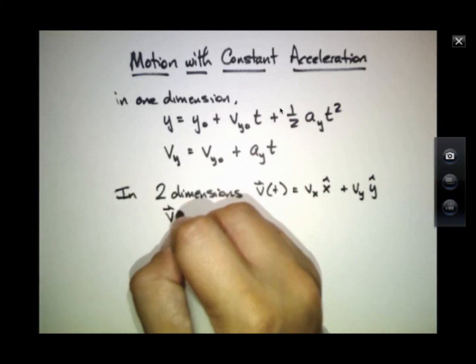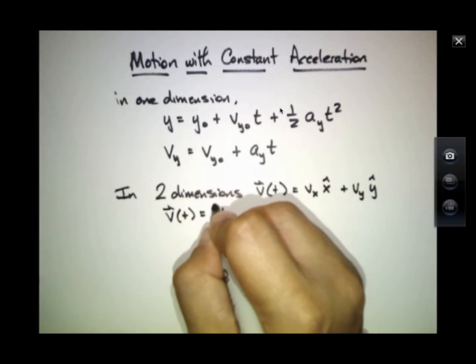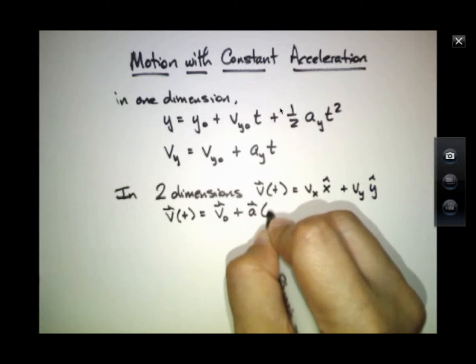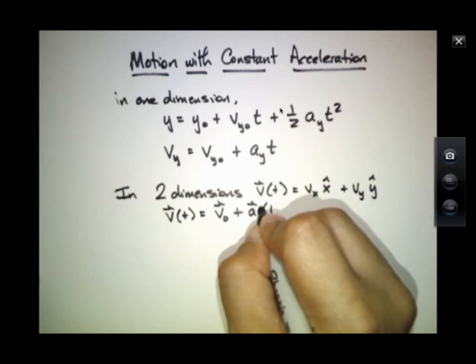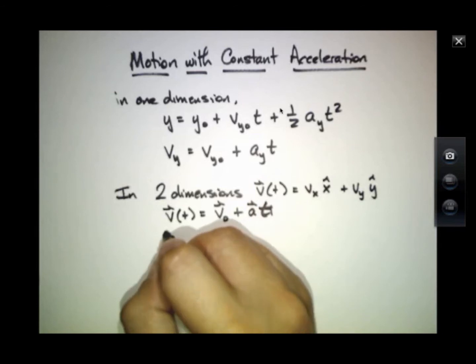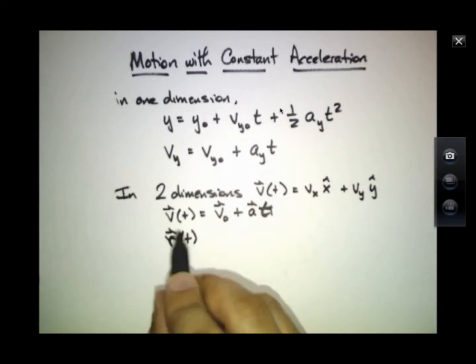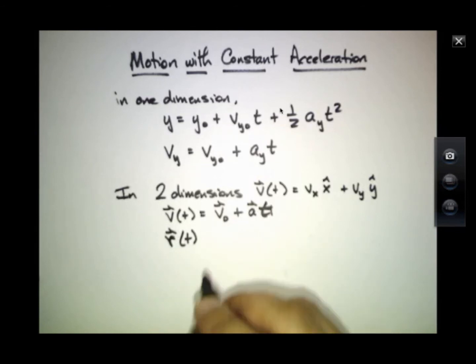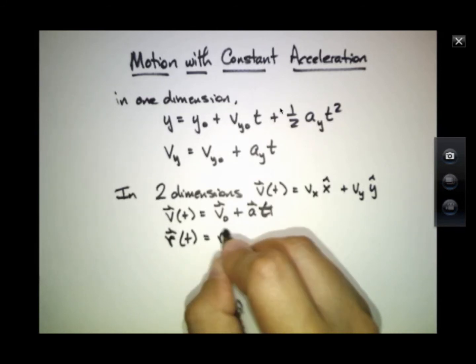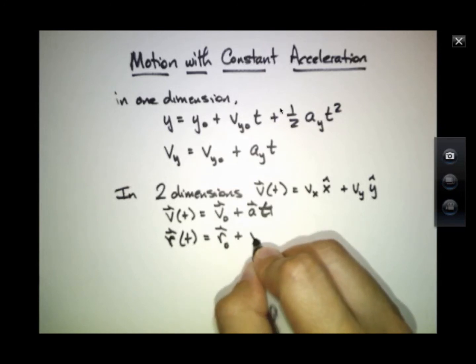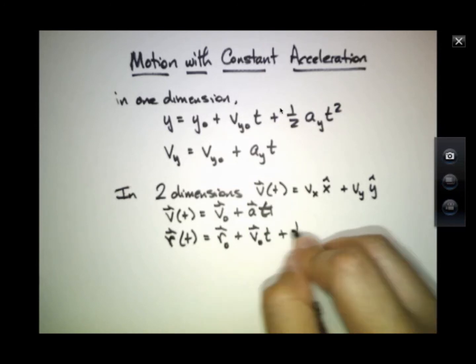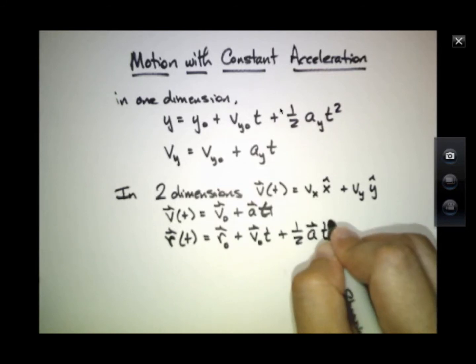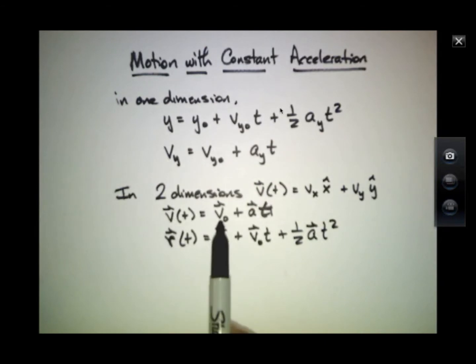So our equations of motion are v of t is equal to v naught plus a times t, and r of t is equal to r naught plus v naught t plus 1/2 a t squared, where v naught, a, and r are all vectors. That means that they have a component in the x direction and a component in the y direction.